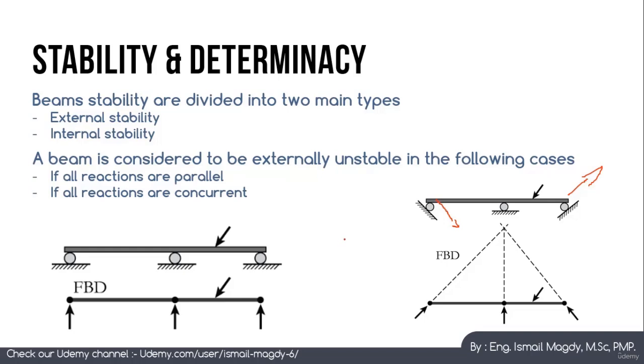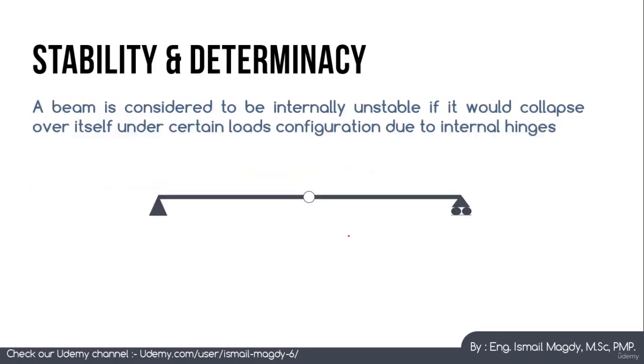So what about the internally unstable beams? Let's check this beam here. As you can see, we have reactions horizontally and vertically, so it's not like the other beams we have just checked a few seconds ago. Also, not all reactions are connecting at the same point, because here we have a reaction in this direction, and here also a reaction at this point.